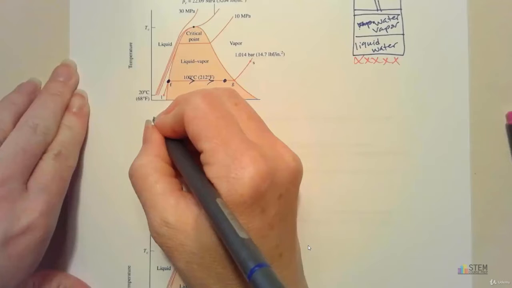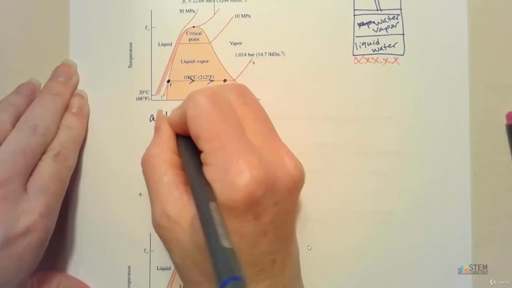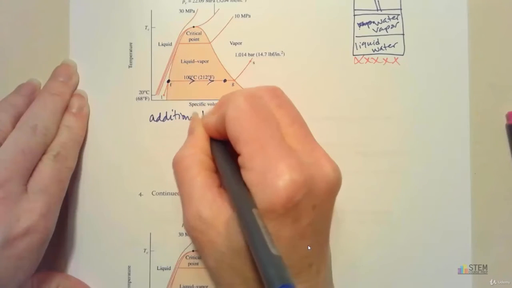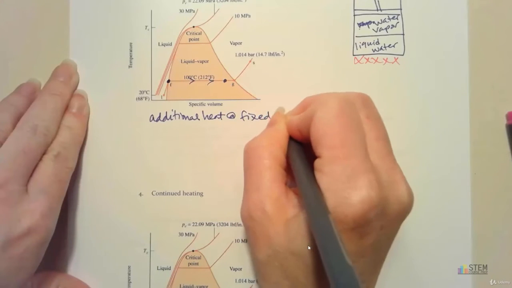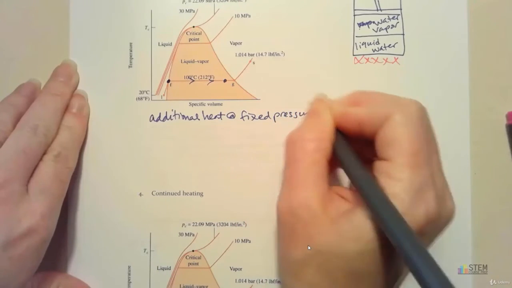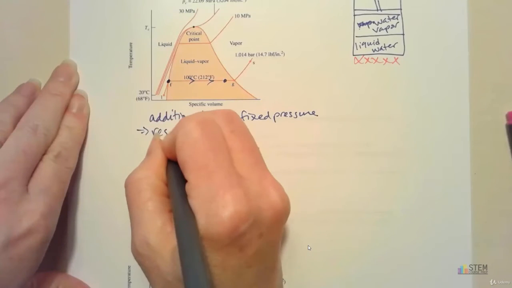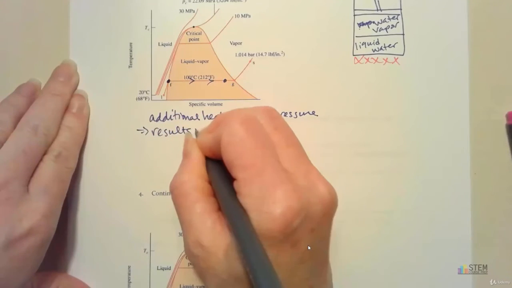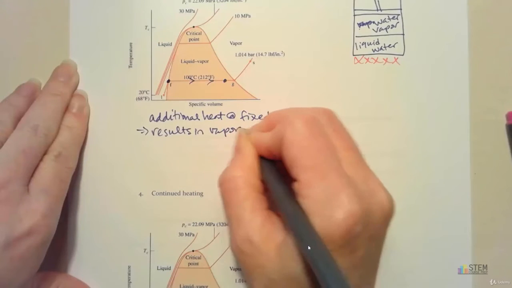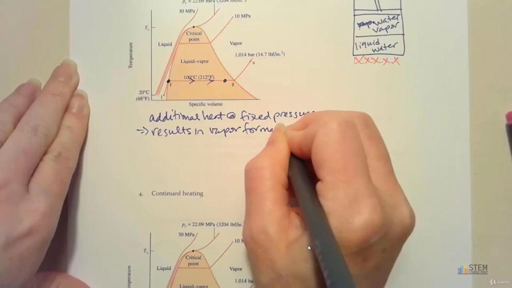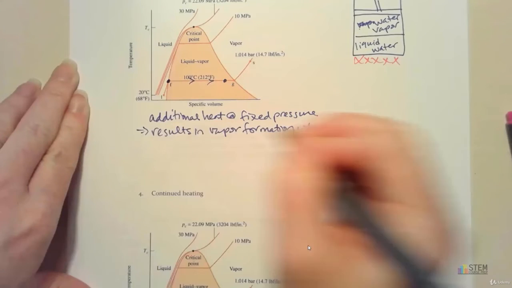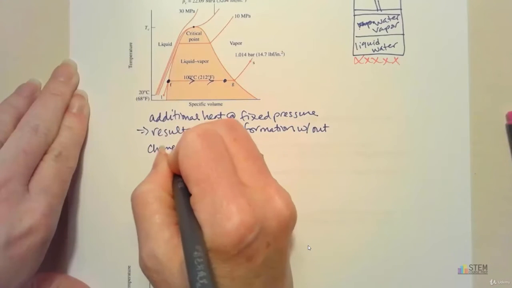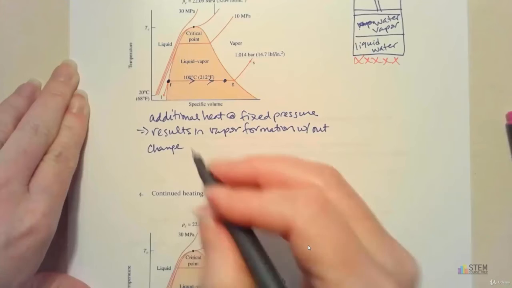All right, so we've got additional heat at fixed pressure. And what happens is that results in vapor formation without a change in temperature. This is because we're holding that pressure fixed.